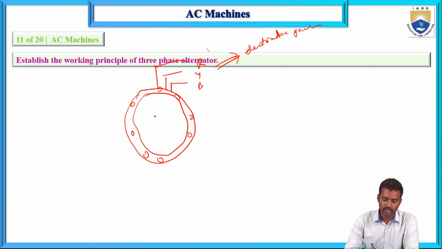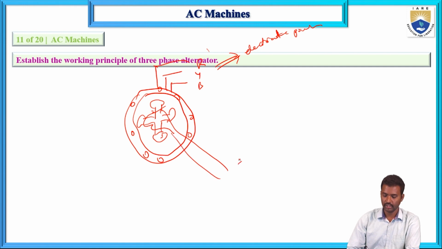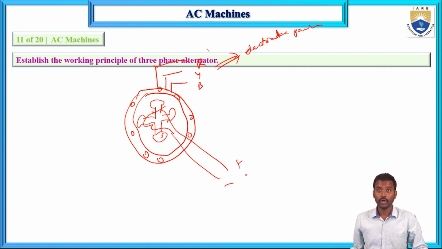And next here is the rotor, a salient pole rotor, and next here the winding. The rotor winding is given the DC supply.